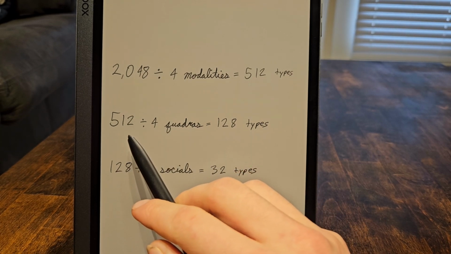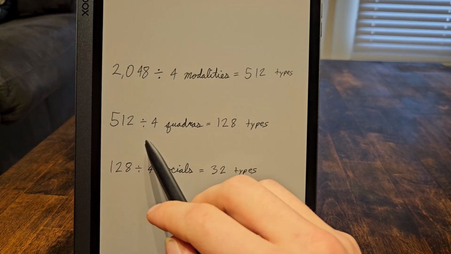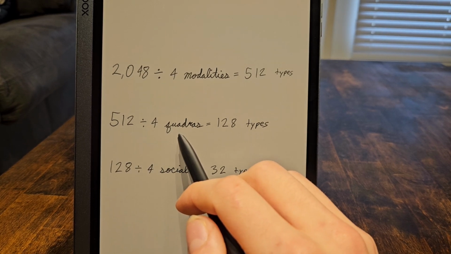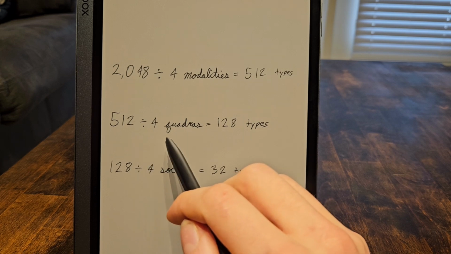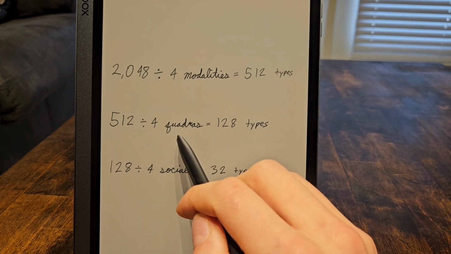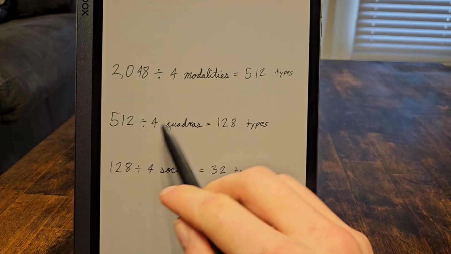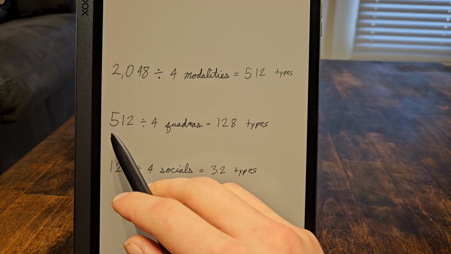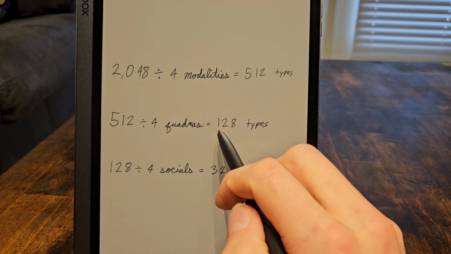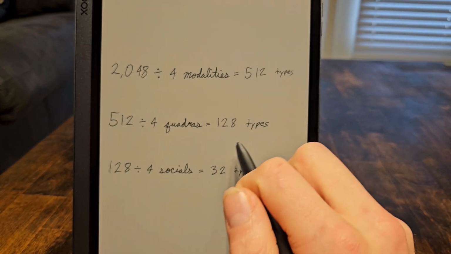So again, 1/4 of them are going to be alpha quadra, 1/4 of them are going to be beta quadra, another quarter are going to be gamma, and so on. And so if you remove the quadras from your number of types, you divide 512 by 4, and you get 128 types. So it's even simpler.